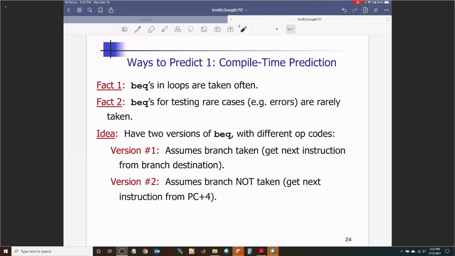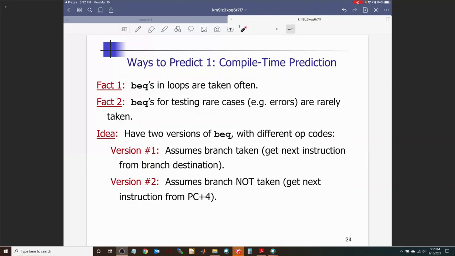Over here, the second fact is branch when equal instructions for testing rare cases are rarely taken. So for the case of, say, errors, those cases that are testing for rare scenarios like errors are rarely going to be taken. So these two facts can actually bias our predictor.